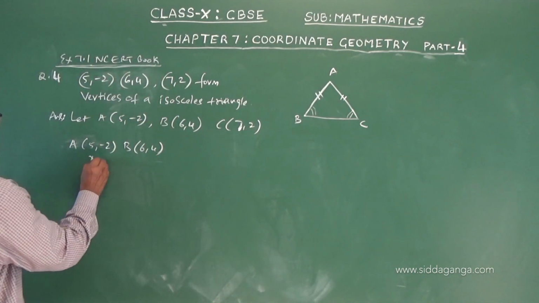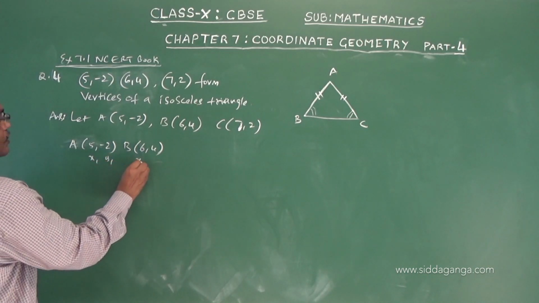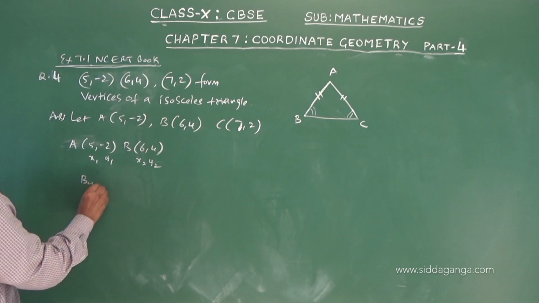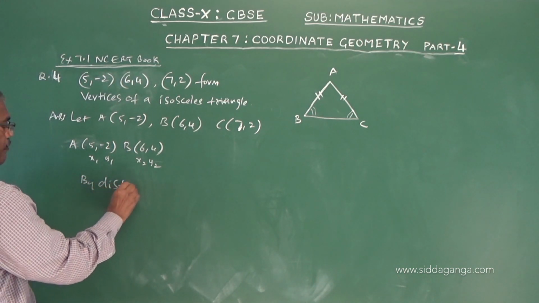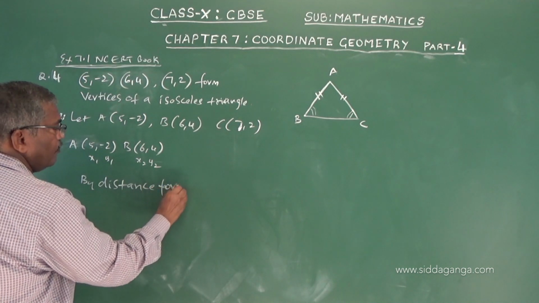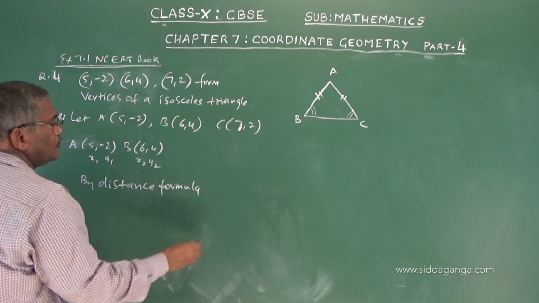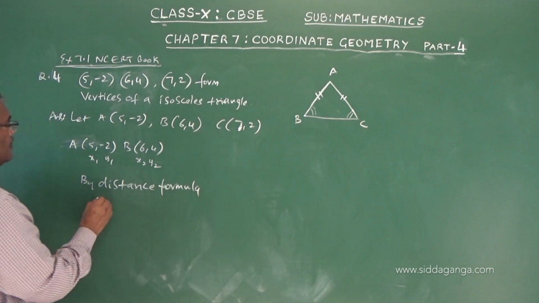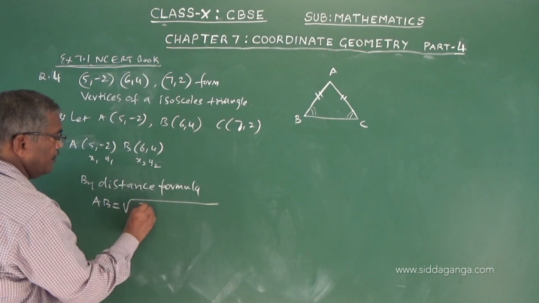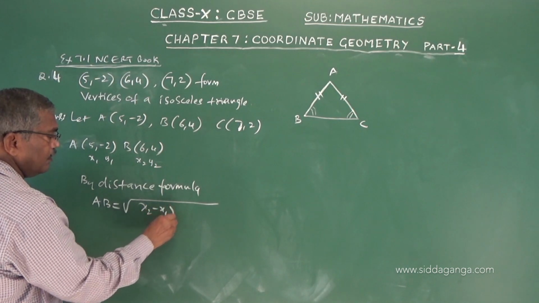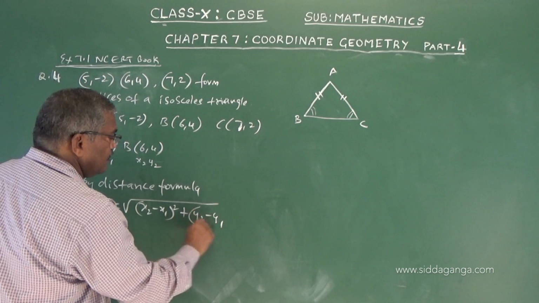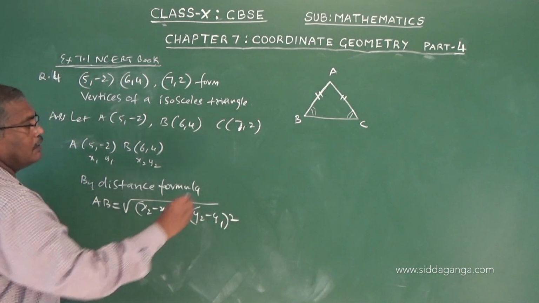So therefore, x1, y1, x2, y2. Now, by the distance formula, AB equals square root of (x2 minus x1) whole square plus (y2 minus y1) whole square.